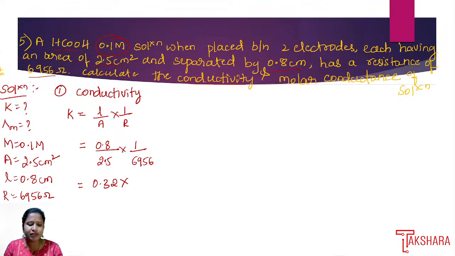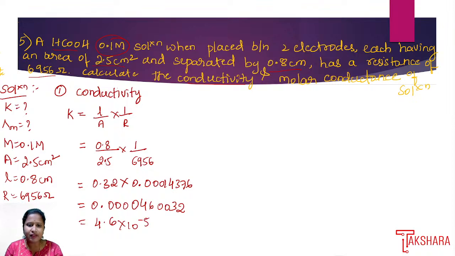1 divided by 6956 is 0.00014376. If we multiply this value by 0.32, that is equals to 0.40460032, we get the answer. So if we shift the decimal point after 4, we will get the value 4.6 into 10 power minus 5 Siemens per centimeter.